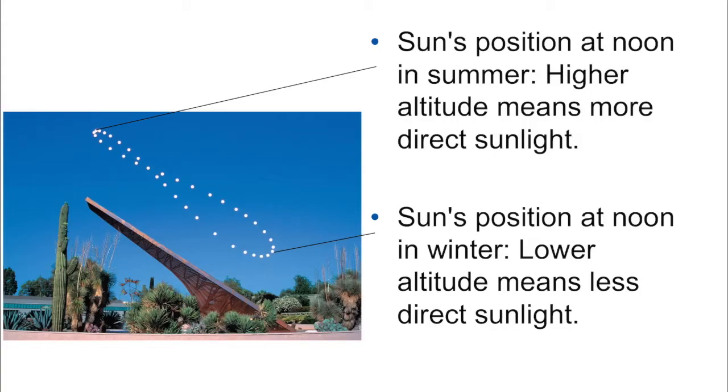Because of that axial tilt, because the ecliptic, the apparent motion of the sun through the sky over an entire year, is not aligned with the celestial equator, we have the location of the sun changing over the seasons.